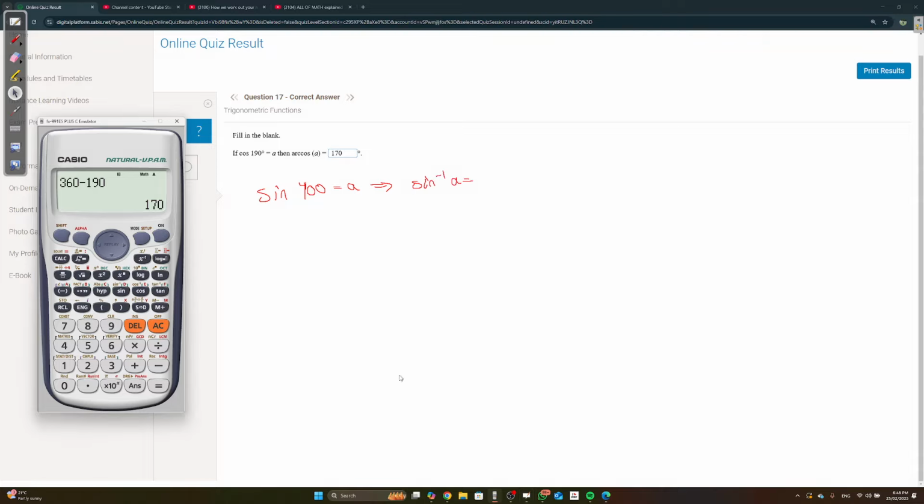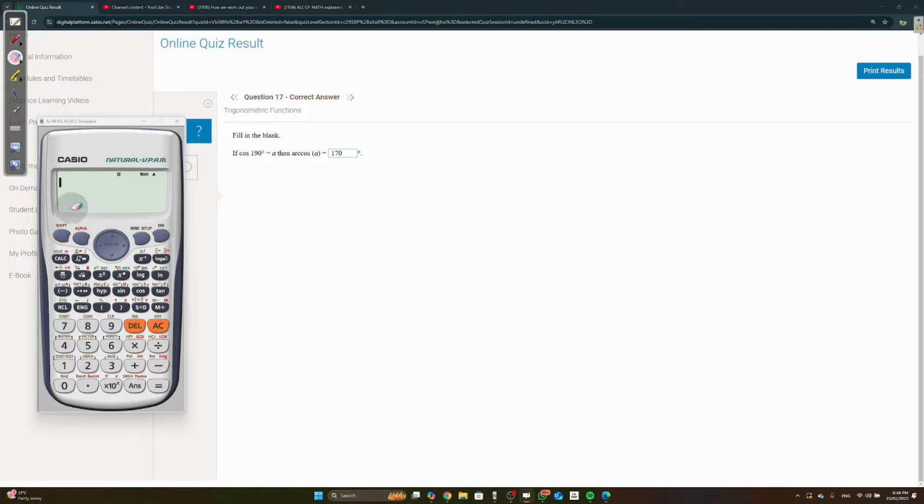You're going to get the answer 80, because you can't simply put 100, because for sine the range is between minus pi over 2 and pi over 2, in other words minus 90 to 90. So 100 won't fit. If they give you an angle in this range, go for it, put it. But here it's 100, it's not between minus 90 and 90. So what's the other solution for sine? Always you do 180 minus 100.